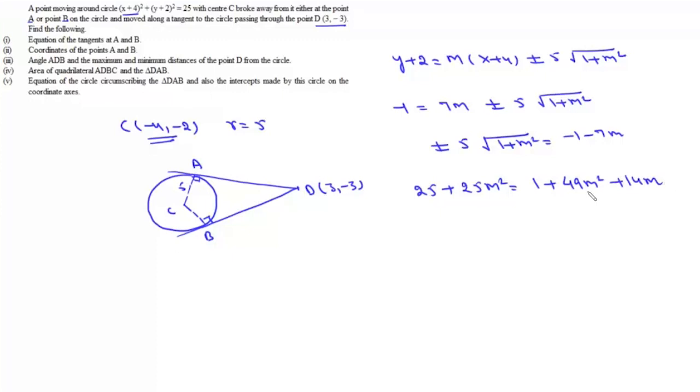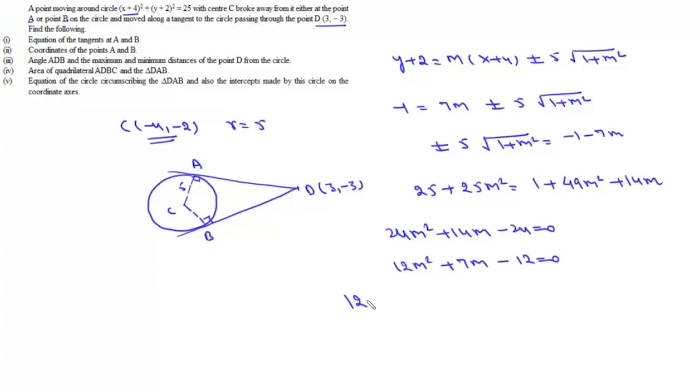Now 49m square minus 25m square is 24m square. So that will be 24m square plus 14m minus 24 equals 0, or 12m square plus 7m minus 12 equals 0.